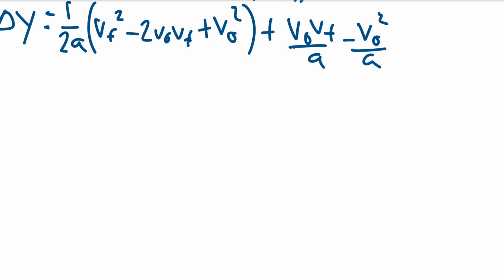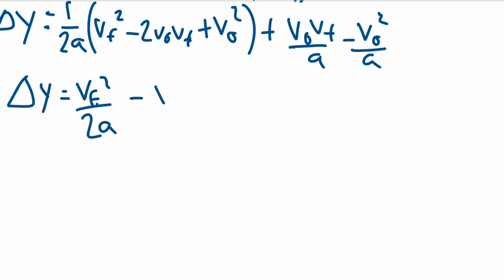And then I'm going to have v naught squared over 2a minus v naught squared over a, which ends up being negative v naught squared over 2a. So I have delta y equals vf squared over 2a minus v naught squared over 2a.